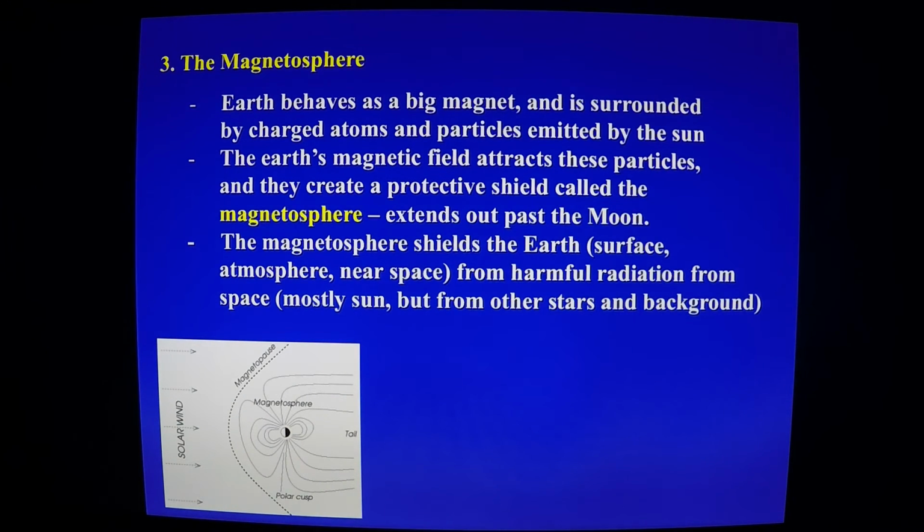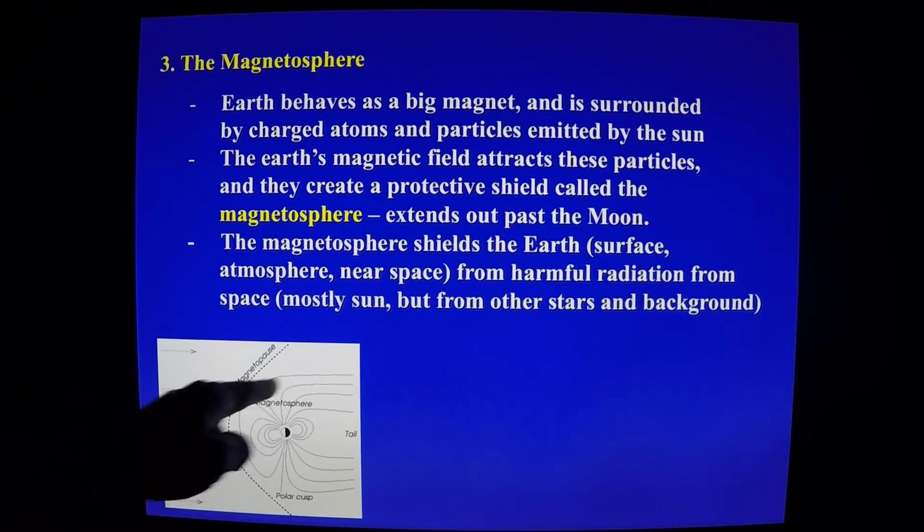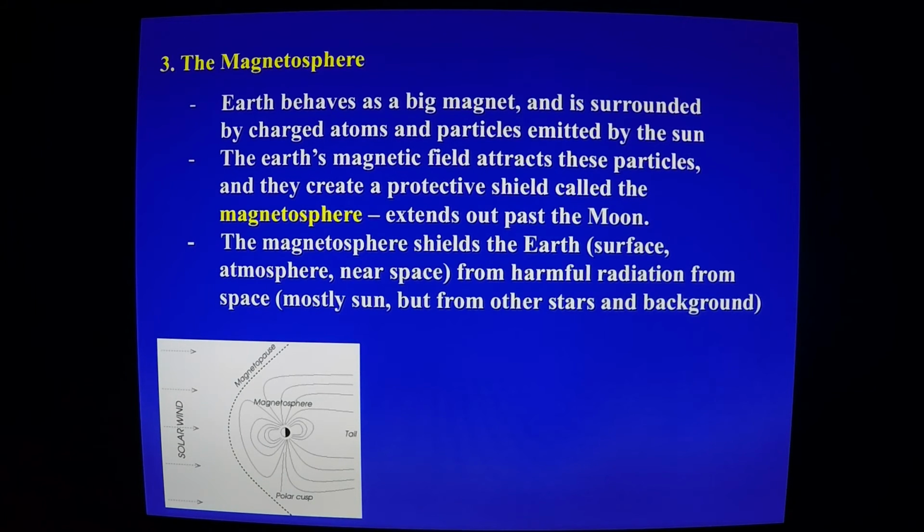So this diagram I just put up, over to the left here would be the sun, where it says solar wind. That is all those charged particles that are being emitted by the sun. And they go out in all directions, but when they move past the Earth and feel our Earth's magnetic field, they get attracted to that and they form almost like a little cocoon around the Earth.